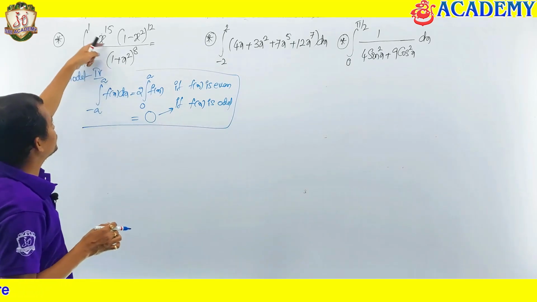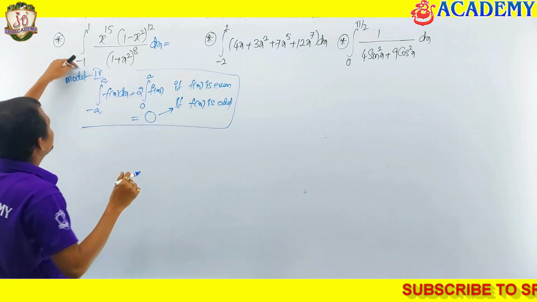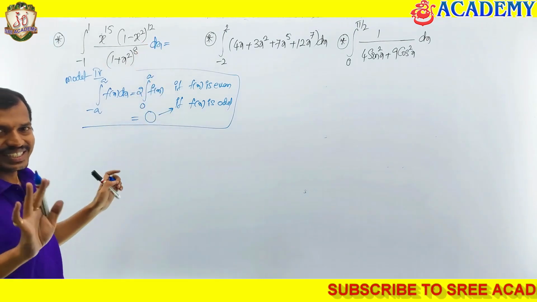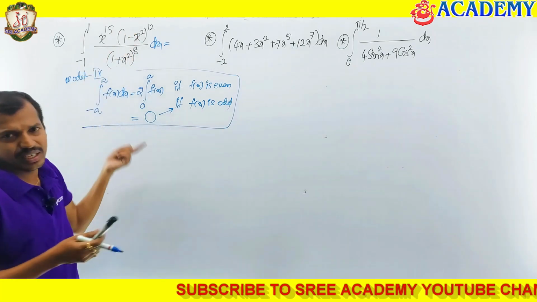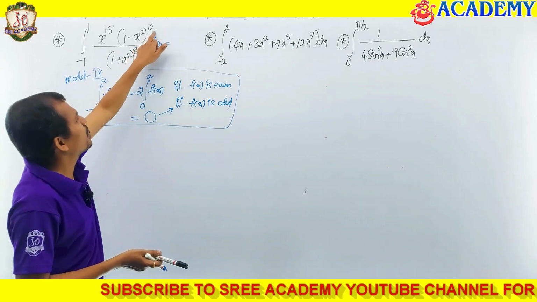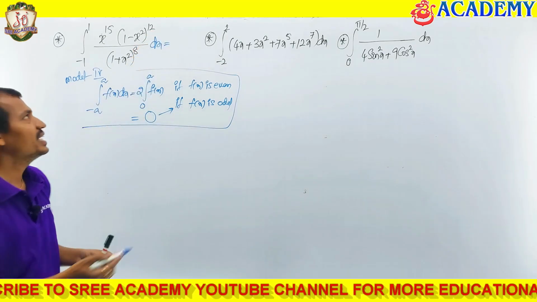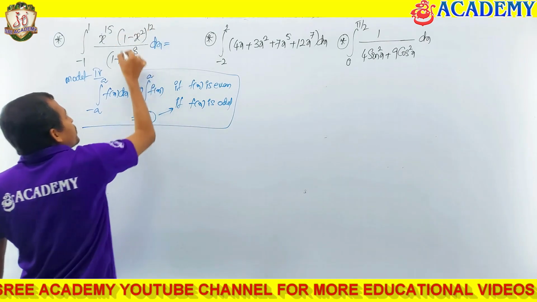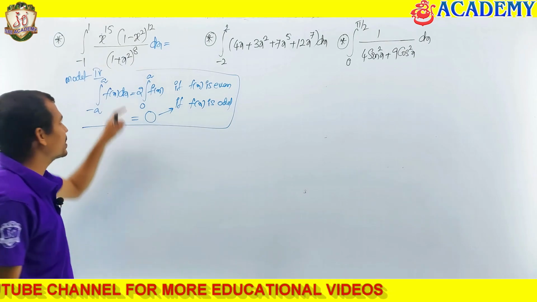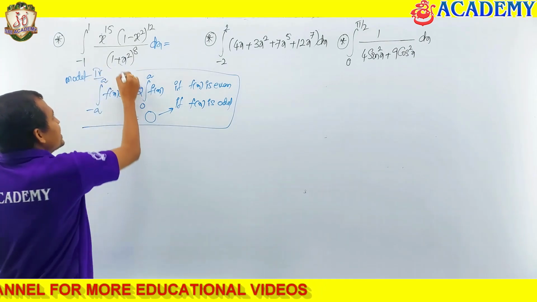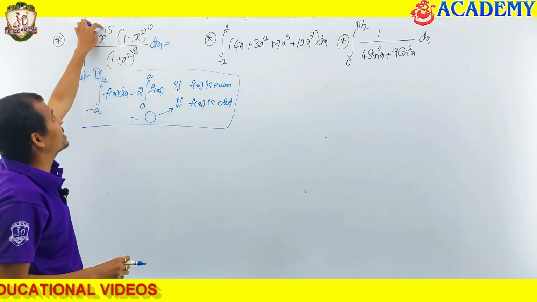Whenever minus a to a is there, always check whether it is even or odd. See, 1 minus x whole square is 1 plus x square, whole to the power of 12. Even if you get minus, it is going to be positive only. Now it's going to be even. This is also even. 1 plus minus x whole square is nothing but 1 plus x square, same function you will get. This is even, but x to the power of 15 is odd.